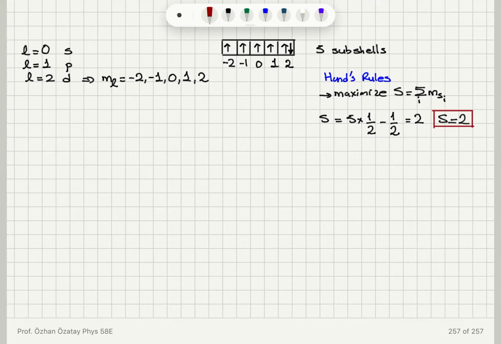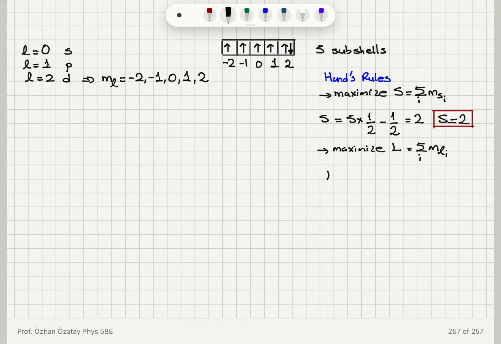And the second Hund's rule is basically maximize the total orbital angular momentum quantum number, and we can sum over all electrons' m sub L values to find this quantum number.